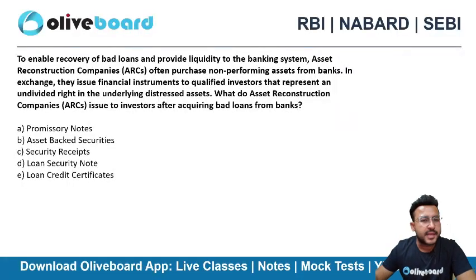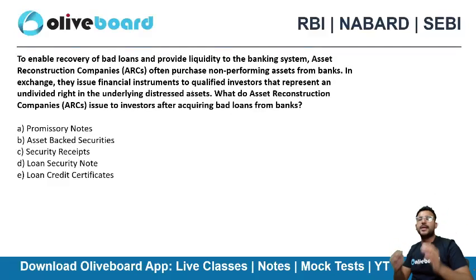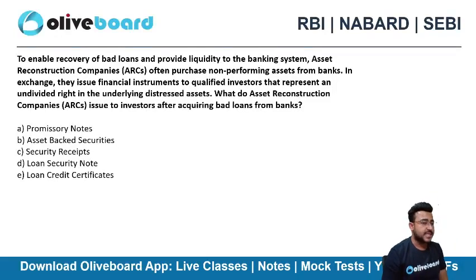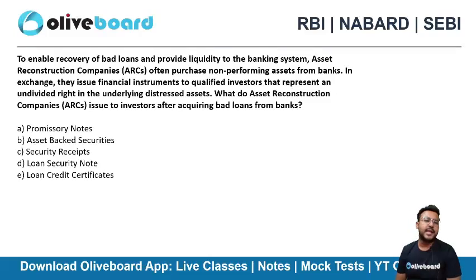Right? To enable the recovery of bad loans and provide liquidity to the banking system, the asset reconstruction companies often purchase the non-performing assets of a bank. That's the basic business model of an asset reconstruction company. In exchange, they issue financial instruments to qualified investors that represent an undivided right in the underlying distressed asset.